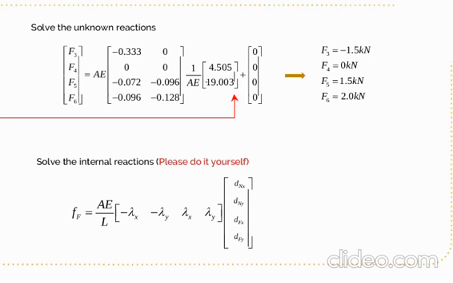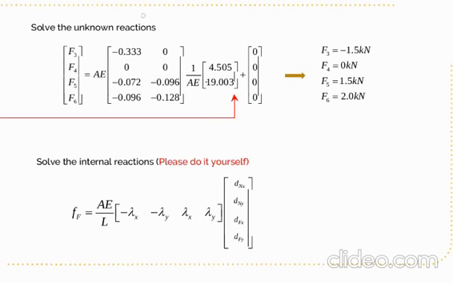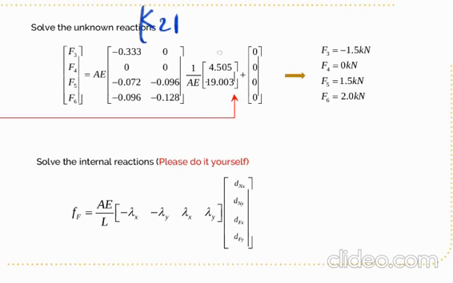I will take the other part, this one, the K21, multiplied by D1 and D2. This is the value of D1 and this is the value of D2, as I found these values from the last slides.